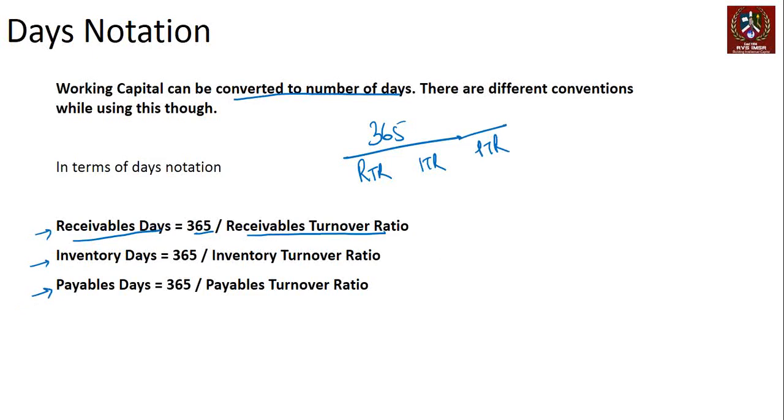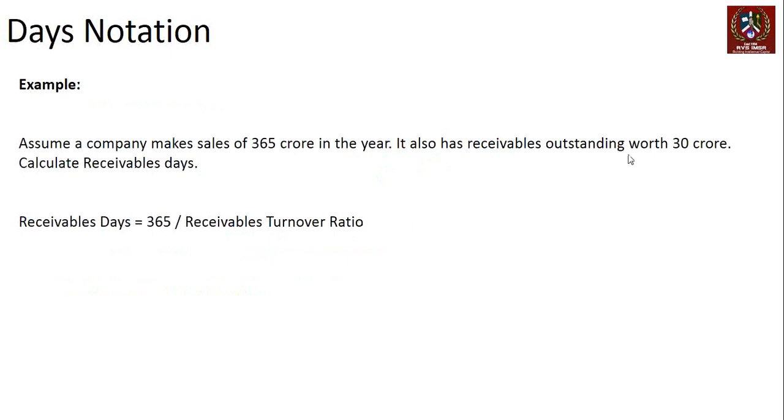Let's understand this a little bit better. We will use an example to understand this slightly better. So assume that a company makes sales of 365 crore in a year, right? So on average, they sell rupees 1 crore per day, right?